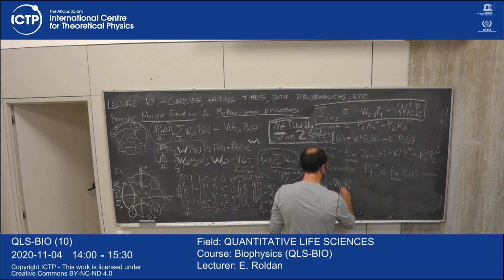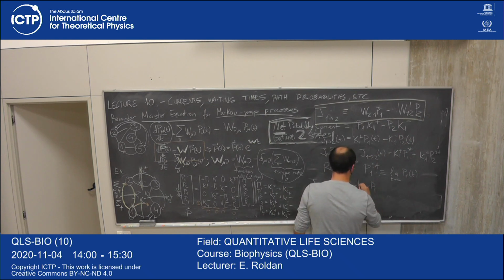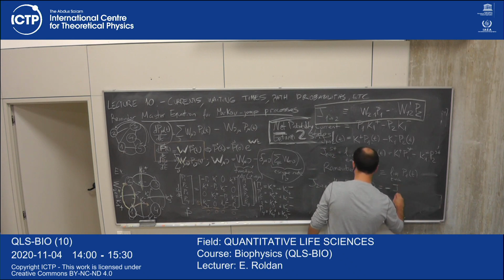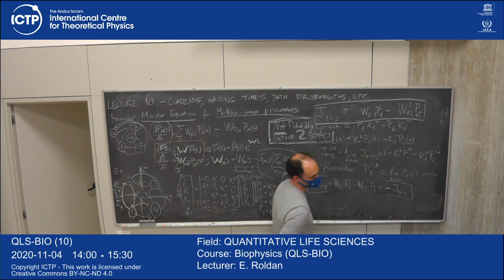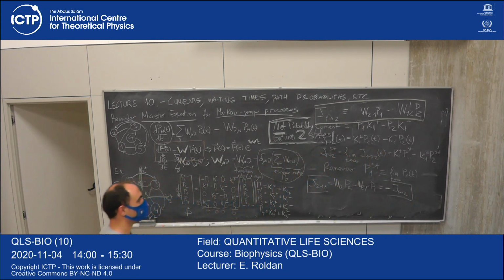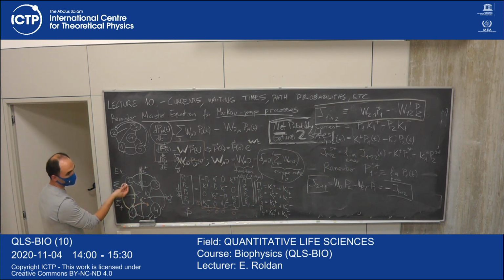This is positive. And from 1, I go to 2, and this is minus J 1 to 2. Very simple. Of course, because the net number of particles, since I'm counting upwards minus downwards, going from 1 to 2 is the opposite of from 2 to 1. There's no mystery here.